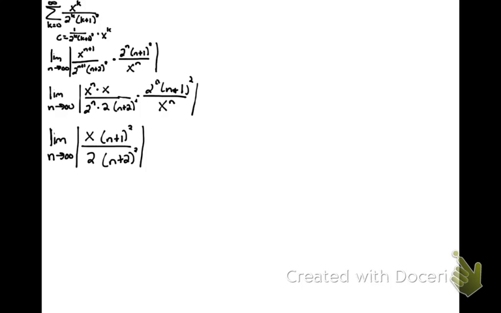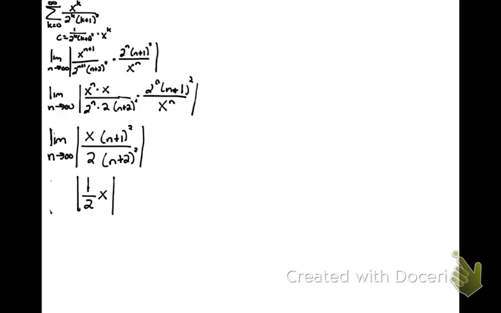Now this is going to be a second degree polynomial, which means that the limit as n goes to infinity of the entire thing will end up being simply the absolute value of 1/2 x, or just x over 2 if you prefer.